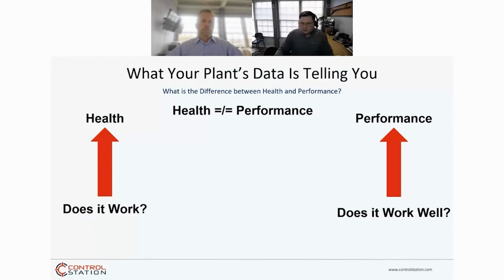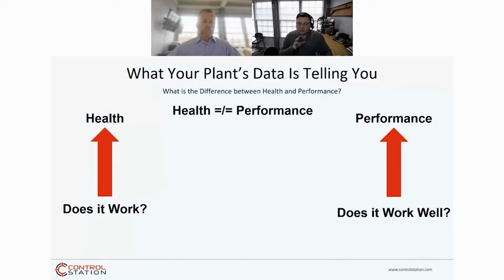Health is essentially how well all your equipment is behaving. Are all your controllers in automatic? Are your valves behaving? Are your reactors behaving as expected? Does the system work or does it not work? Is it offline or is it running? That's related to the health of a system, of a loop, of an asset, of a plant. Is it actually working?